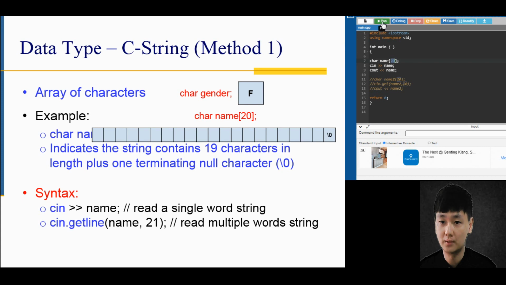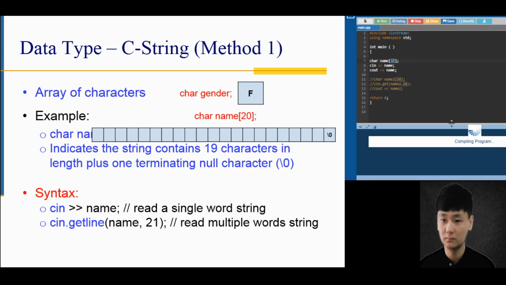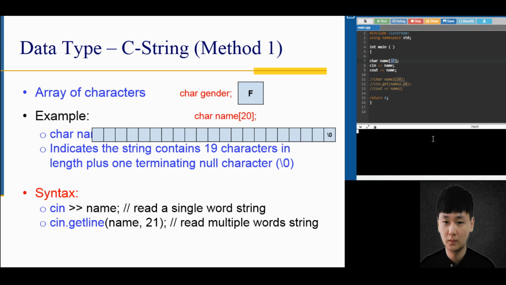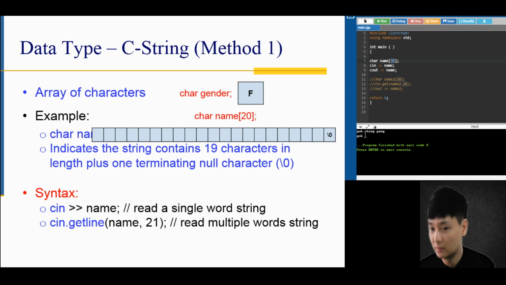I run the program and put my full name. It will just show me the first word. As I mentioned, if you use cin, whenever it reads a white space, it will just stop there and only show the first word.